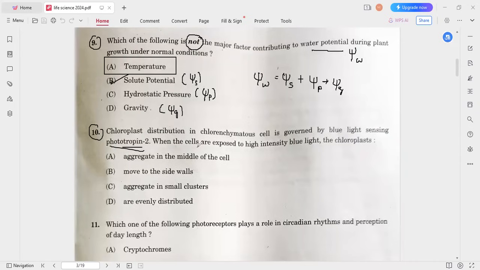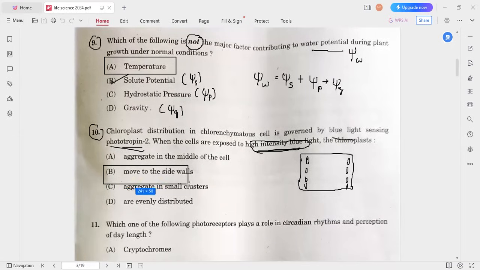So when there is blue light sensation in high intensity blue light, for example in a leaf, the chloroplasts will move to the side walls because of the high intensity of blue light. So for the 10th question, option B, move to the side walls, is the correct answer.